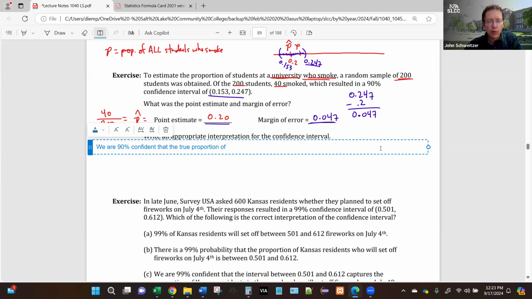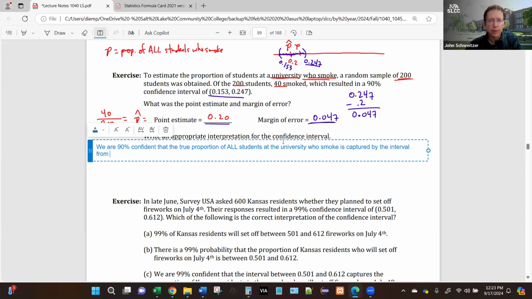So that the true proportion of all students at the university who smoke is captured by the interval from 15.3% to 24.7%.